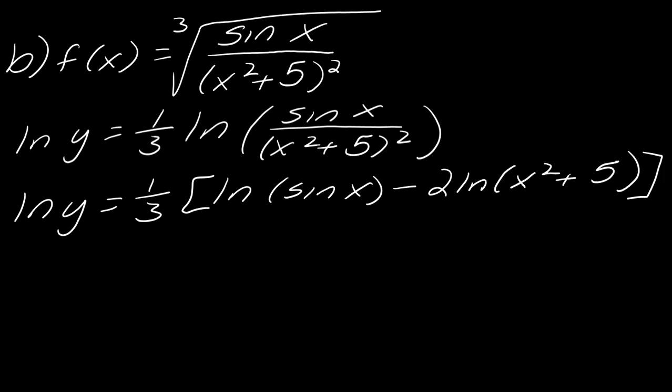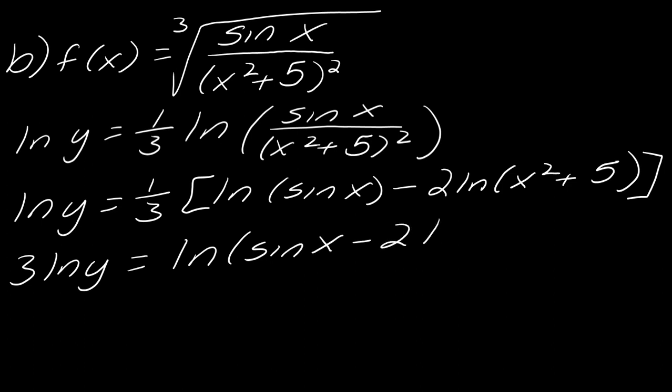Okay, so now I can distribute the 1/3 if I want to, or you could just multiply the 3 over to this side. So this becomes 3 times the natural log of y, and then you've got the rest of this stuff, which can be nice because then you just get rid of the fraction. I'm always a fan of getting rid of the fraction. Okay, so now let's go ahead and take the derivative. So I'll need some space.